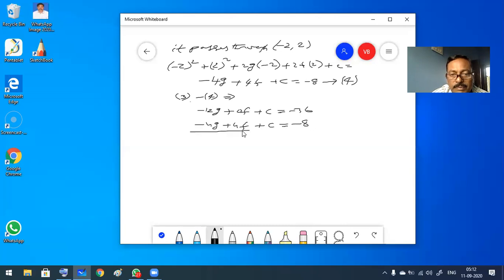By subtracting, you get minus 8g minus 4f is equal to minus 36 plus 8, minus 28. So this is equation 5.